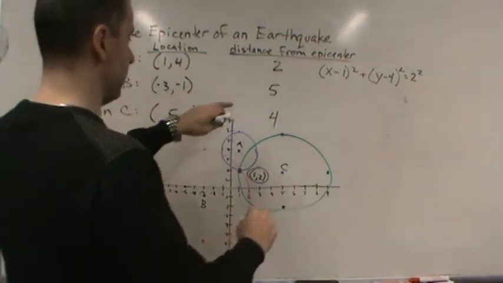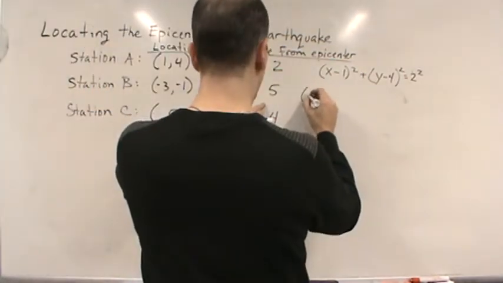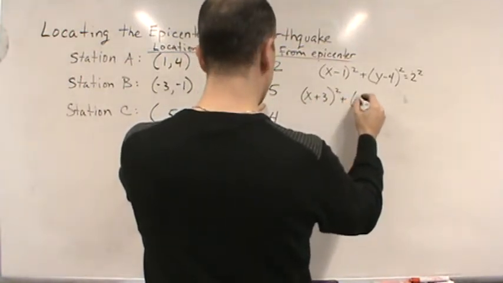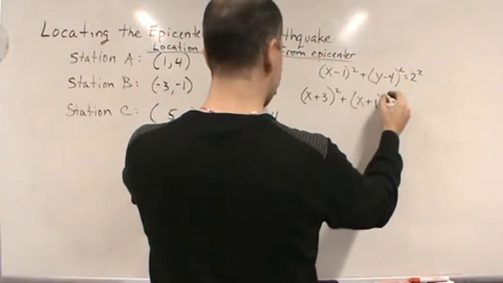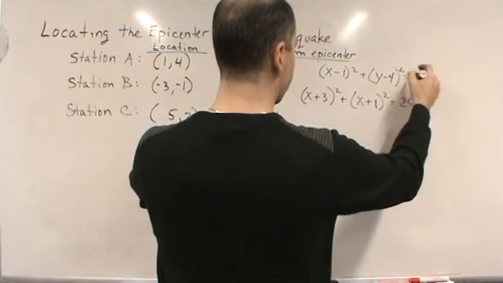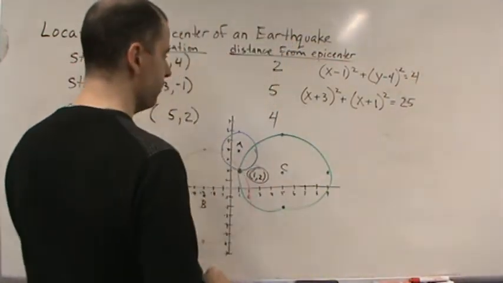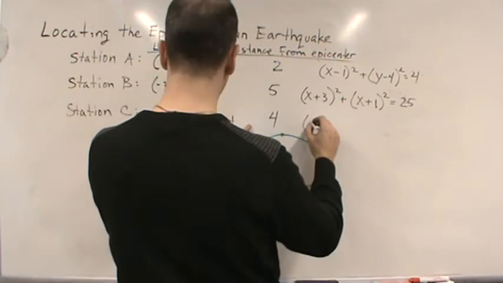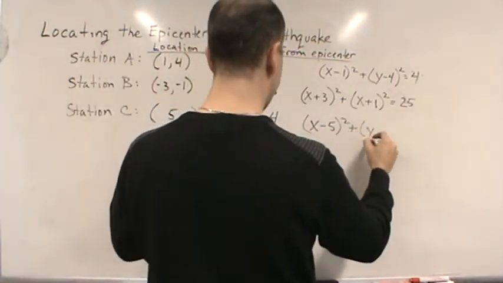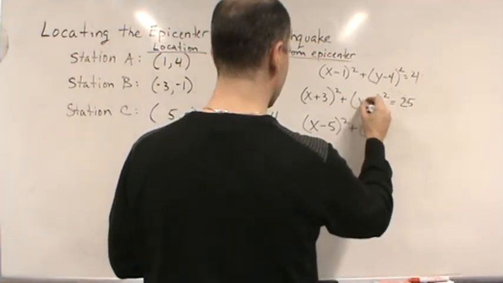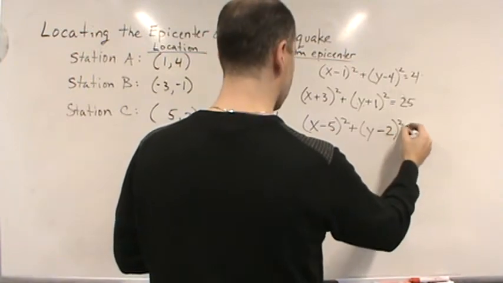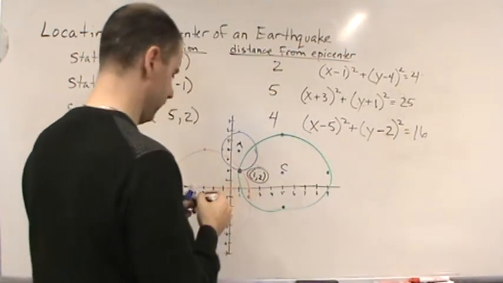And we can do the same thing here: (x + 3)^2 + (y + 1)^2 = 25. And for the third one, (x - 5)^2 + (y - 2)^2 = 16.